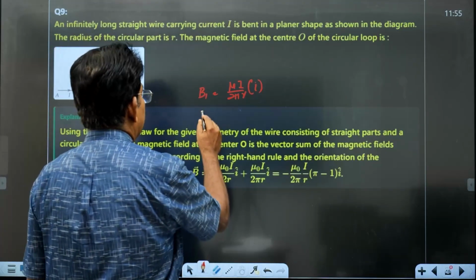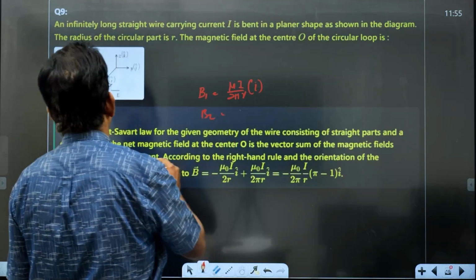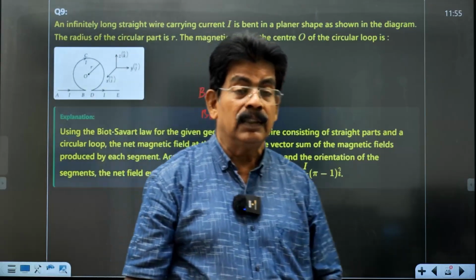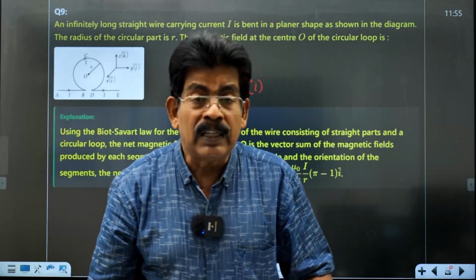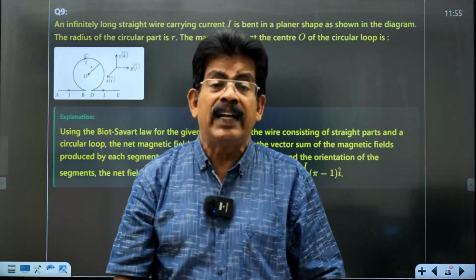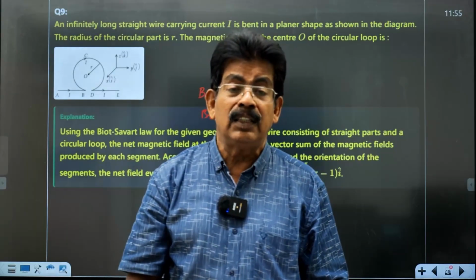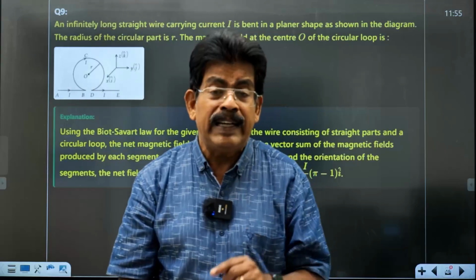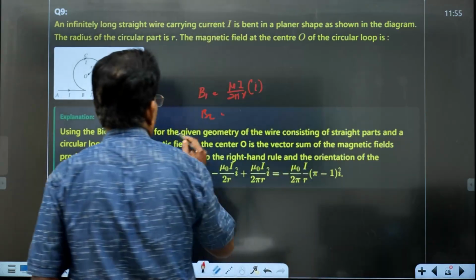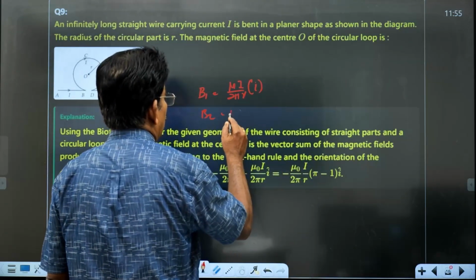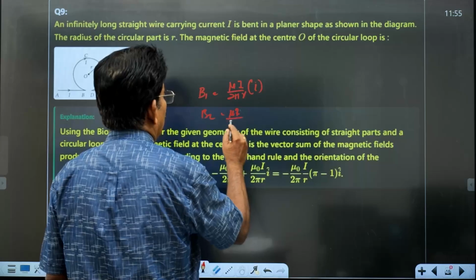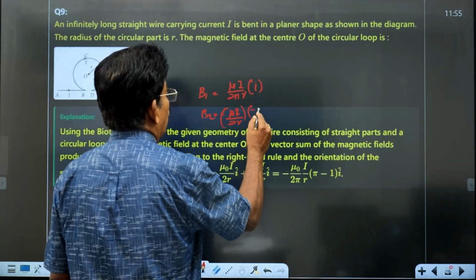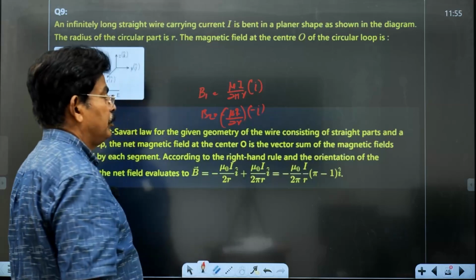Now, the second one, the semicircular loop. Looking into the loop, the current is in clockwise direction, the magnetic field is getting into the plane, along negative x direction. Therefore, B2 will be mu 0 I divided by 2r due to the circular portion, along negative x-axis.